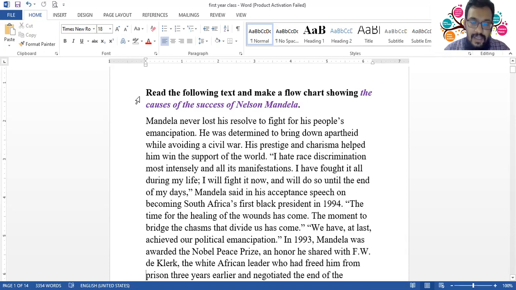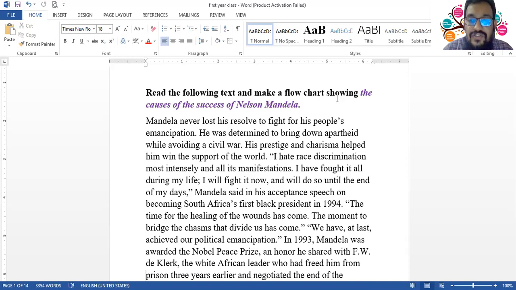In this question, read the following text, make a flowchart showing the causes of the success of Nelson Mandela. So, we have to write about the reasons of Mandela's success. What reasons played a significant role in the career path of Nelson Mandela? Nelson Mandela is a successful person, and how did he get that success? It should be our concern.